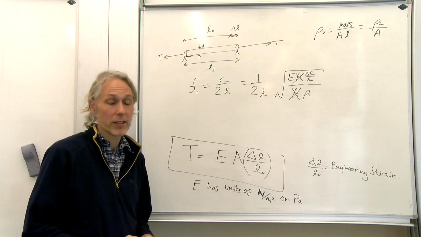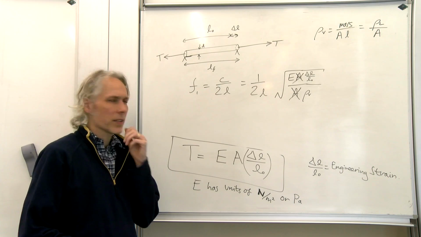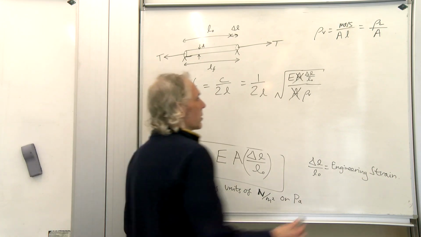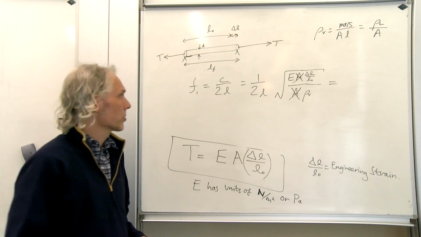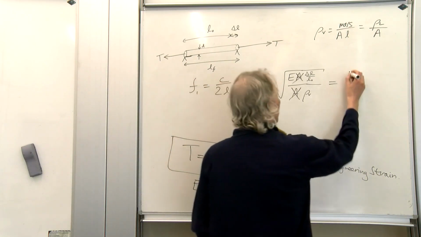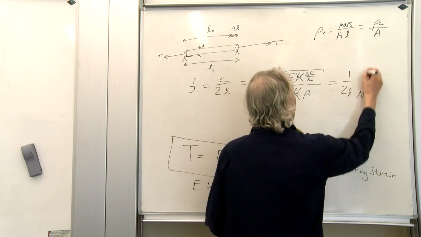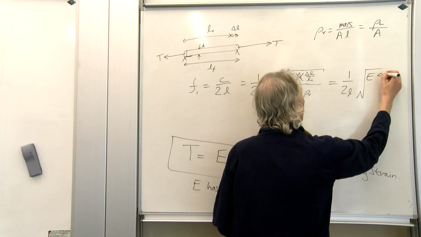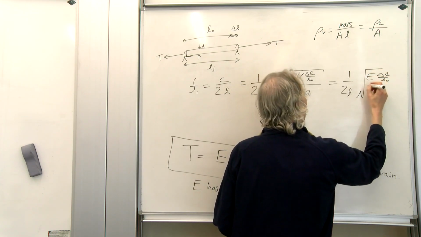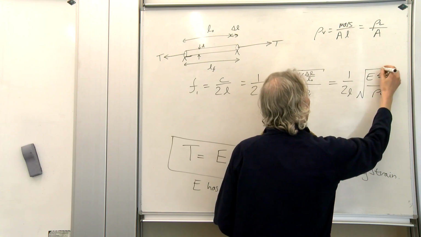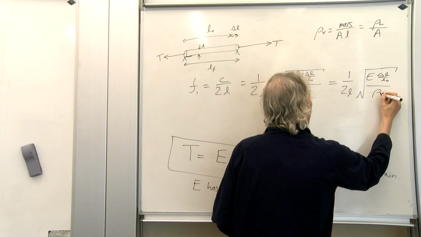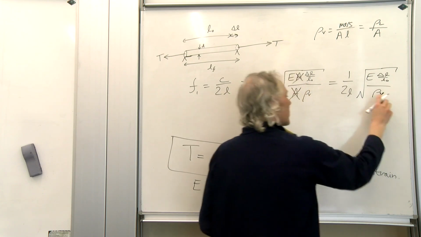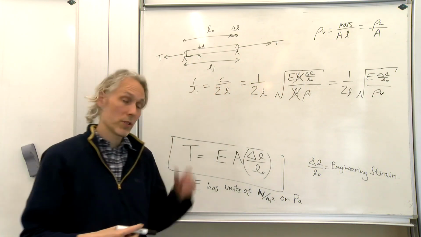So that should be ringing alarm bells, making you think that was unexpected, unless you've already seen this before, perhaps. Okay, so what we end up with is 1 over 2L square root of E times engineering strain over L naught over volumetric density. The volumetric density doesn't change for different steel strings.